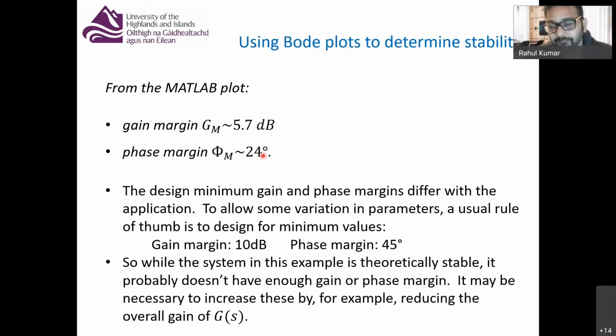Now, generally, a gain margin less than 10 dB and a phase margin less than 45 degrees, that system is considered to be stable, right? But it is not true for all systems. Even in this example, according to these values I would say my system is stable, but if I implement it practically, my system may be unstable, right?